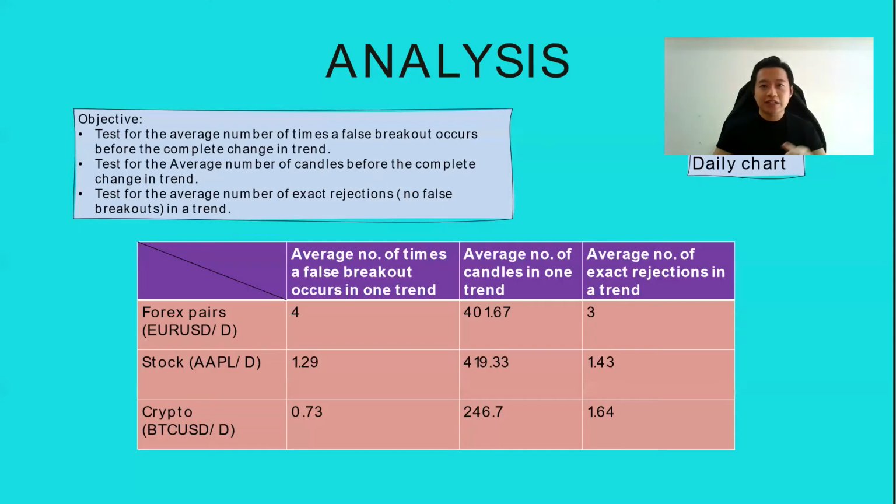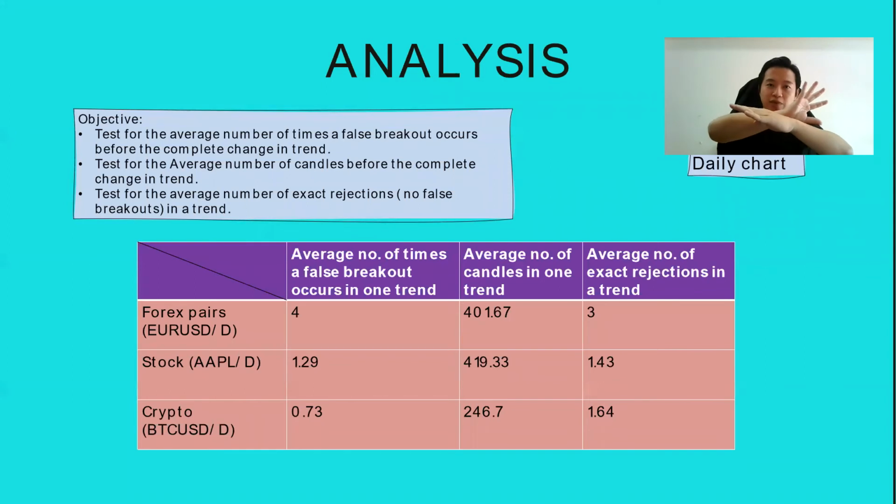So we did the analysis, three different kinds of analysis. Number one is that we test for the average number of times a false breakout occurs before a complete change in trend. So what we did is a test of trend. For example, let's say this is the 200 EMA, the moment when price closes above the 200 EMA, this is the start of the uptrend, right?